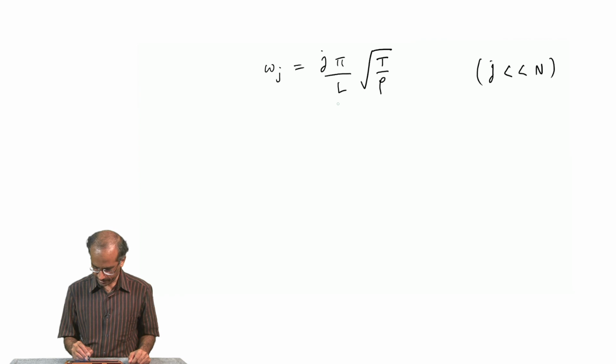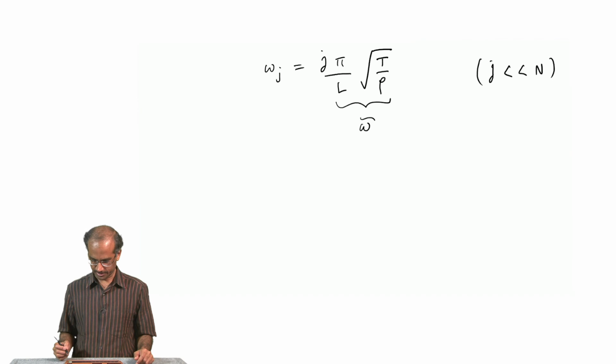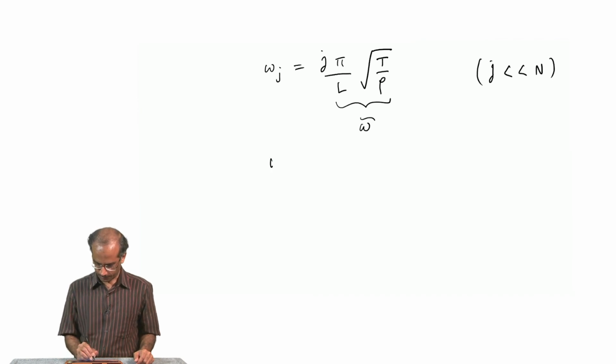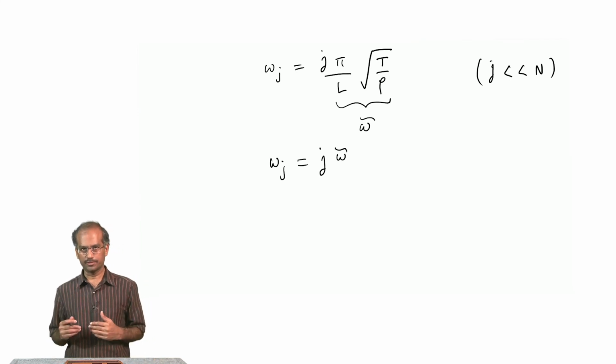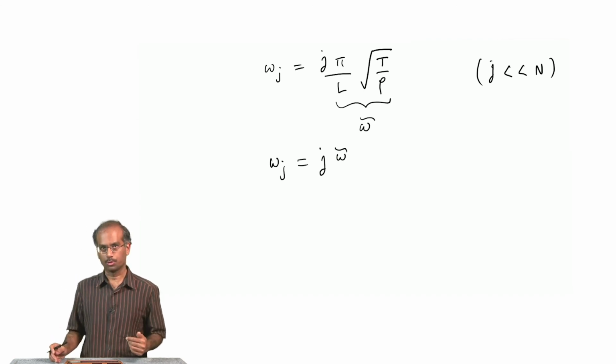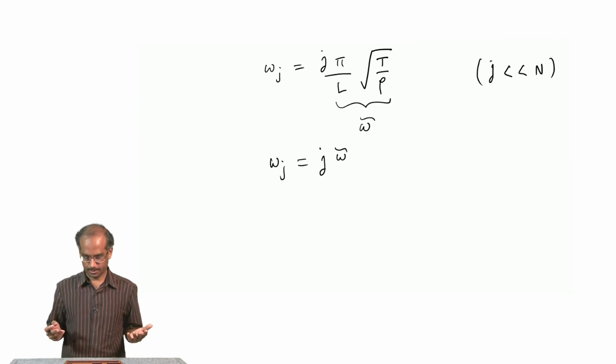So, you could identify this quantity as some omega tilde, or what is often called the fundamental frequency. Therefore, omega j is equal to j times omega tilde. So, the successive frequencies are the first overtone, as it is called, is simply 1 multiplied by omega tilde.